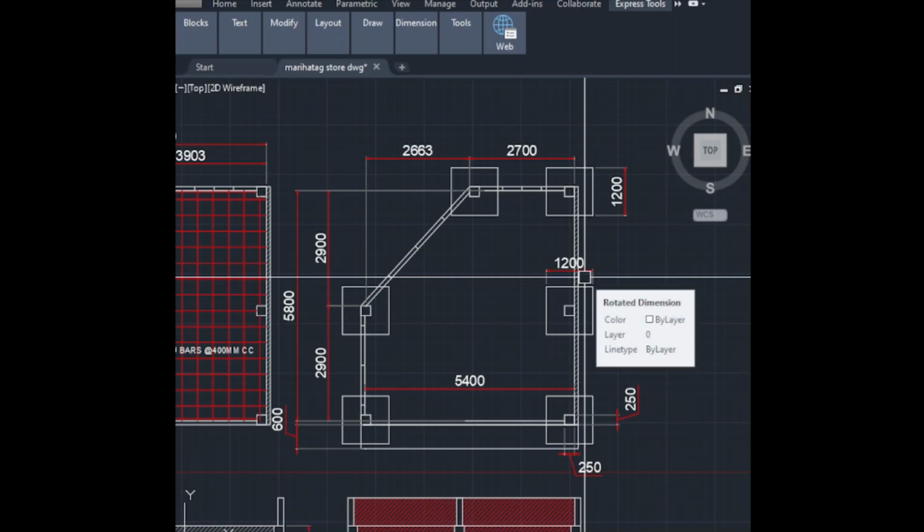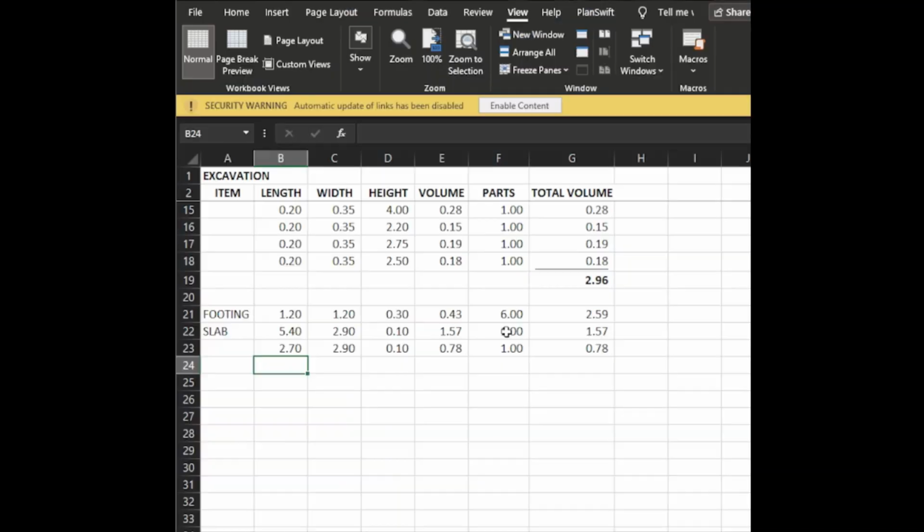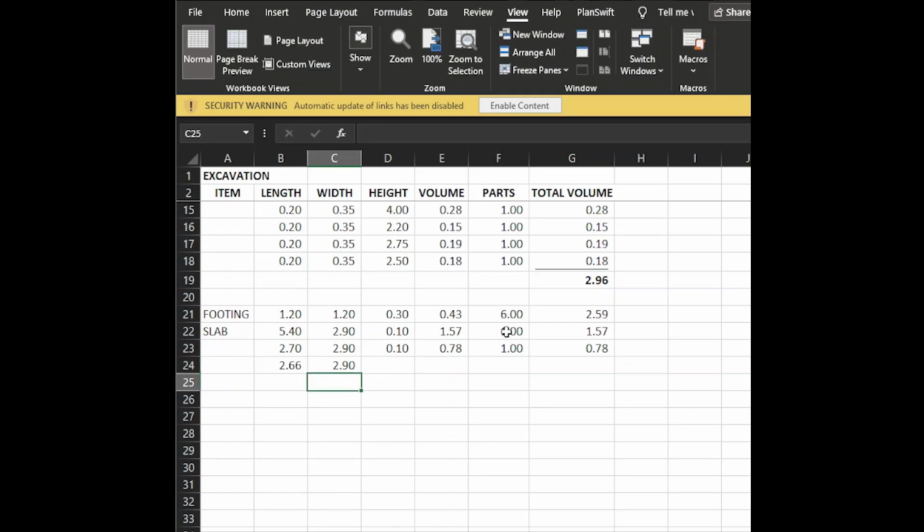Then the next one is this triangular part here, 2.663 by 2.9 also, but this one we will just multiply by 0.5 because it is one half.